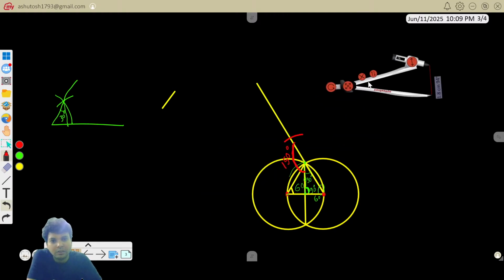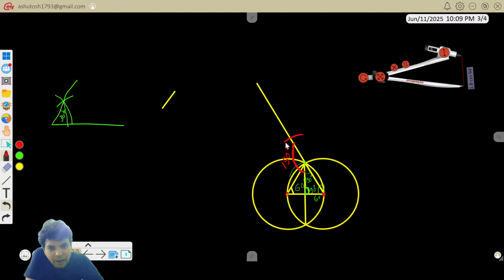Okay. Now the compass is gone. I have 2 points here. And now with the help of the line segment, I will take this point and make a line segment here.